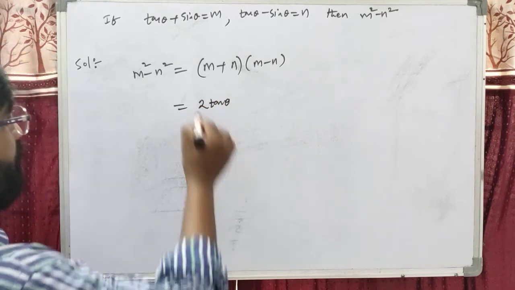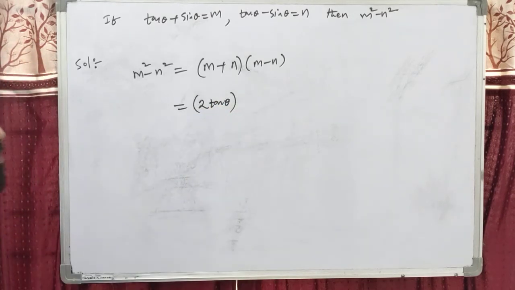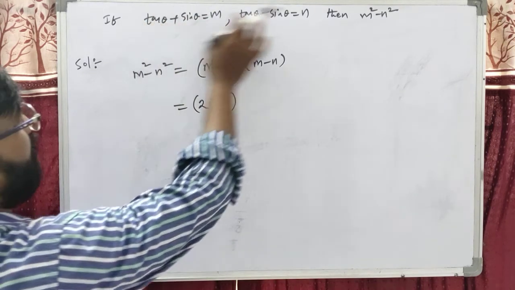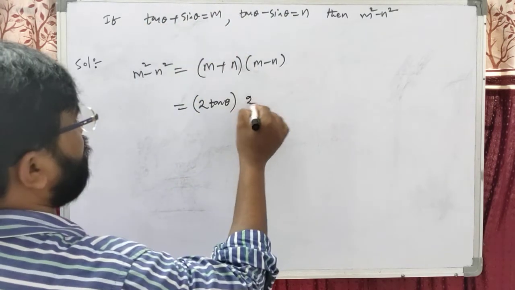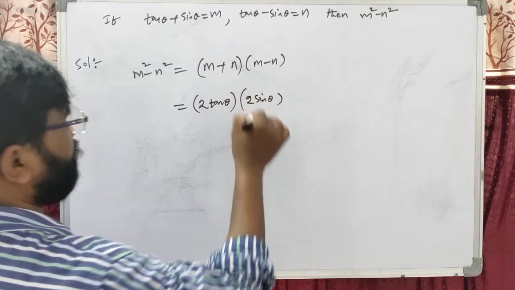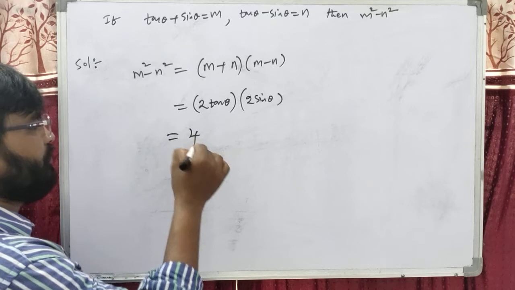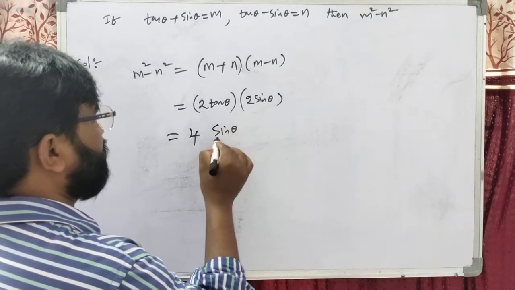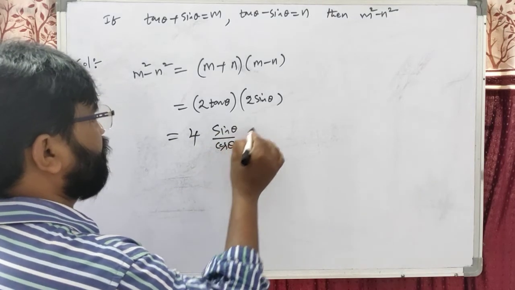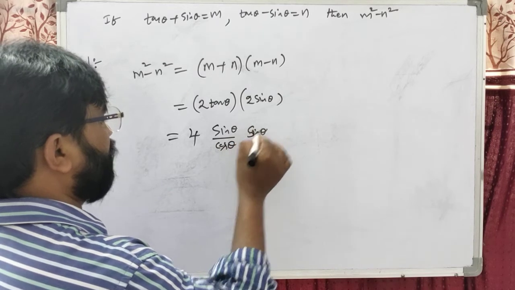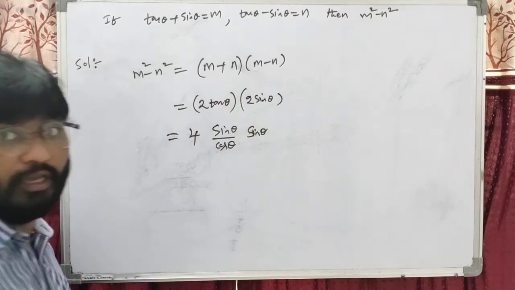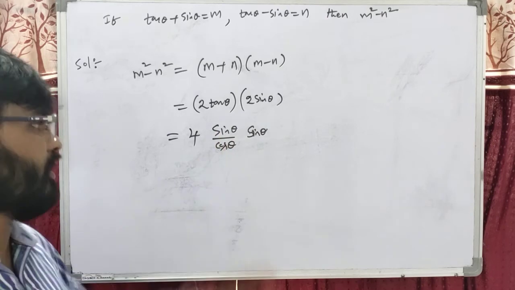Okay students, when you take m minus n, what do we get? The m minus n is, tan cancels, 2 sin theta. Therefore we got 4 tan theta sin theta. You can write 4 tan theta, students, sin theta by cos theta, into sin theta.